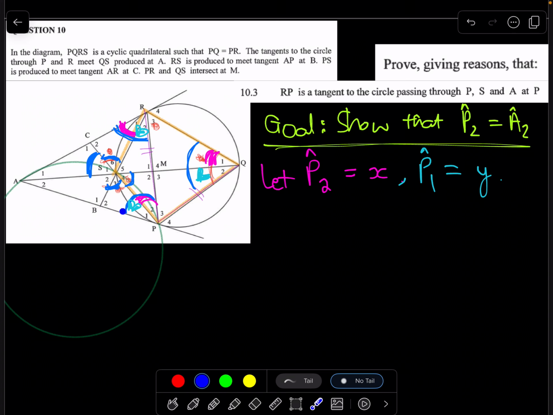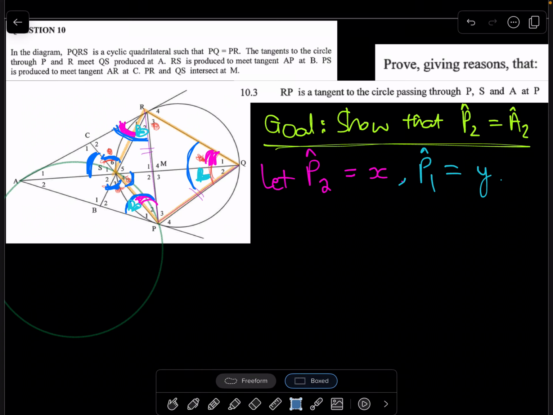And to show that this angle is equal to this angle, we will use the fact that this angle is equal to this angle, and this angle we have shown to be equal to this angle, which is equal to this angle. So we need to show this is equal to this. We will do that by showing that this is equal to this is equal to this is equal to this. Okay, so let us do that.